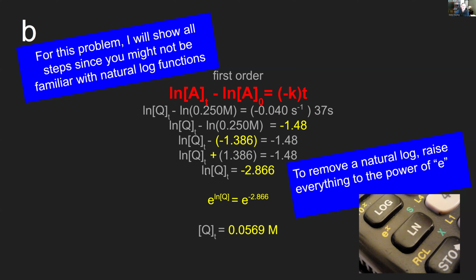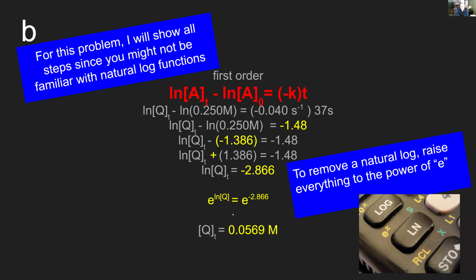The way that a natural log is removed: natural log is a function, like multiplication or division. You cannot divide by natural log to get rid of it. You have to use the anti-function, and the anti-function for natural log is raising things to the power of e. Looking back at the calculator in the bottom corner, the natural log button is here, and the second function version above it is e raised to the x power.